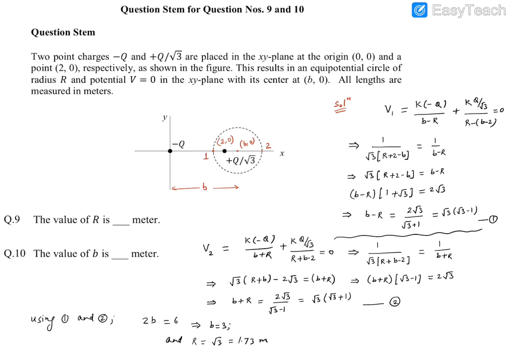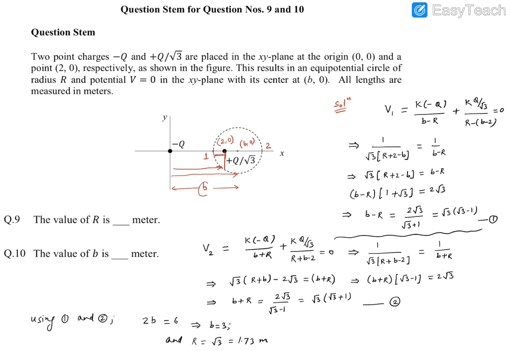Got it? Now we need to find the distance of this point 1 from the charge plus q by root 3. In order to find this distance, we can find maybe this total distance, and out of this total distance we can subtract this distance.